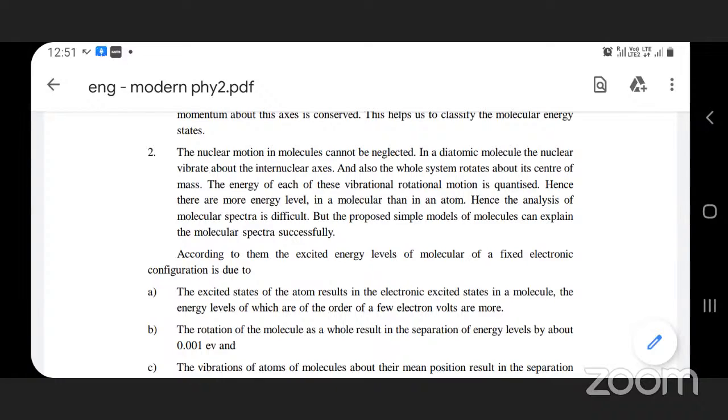The energy of this vibrational and rotational motion is quantized, so there are more energy levels in a molecule than in an atom.